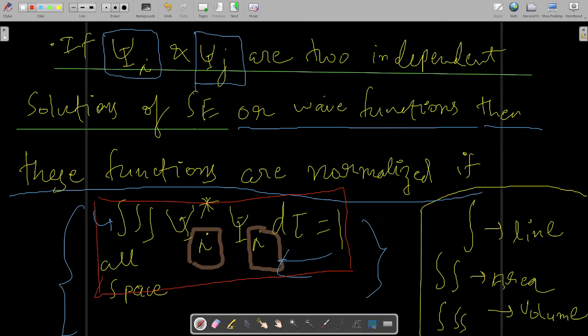That's why it is given that we should write two independent solutions, so that we make some sense out of the sentence.